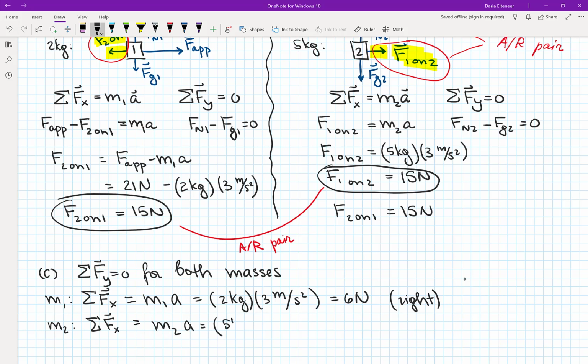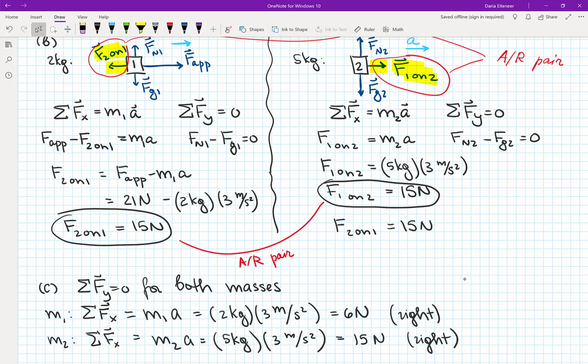This is 5 kilograms times 3 meters per second squared, which is 15 newtons, also to the right, like that. Okay, so remember that net force and sum of all forces is the same thing.